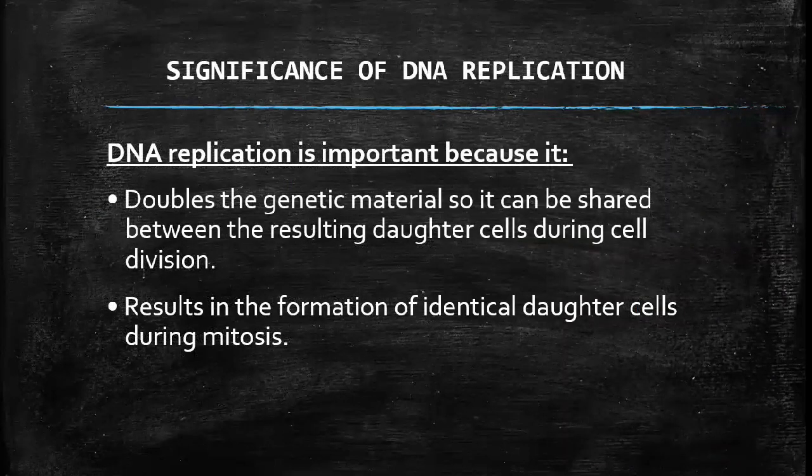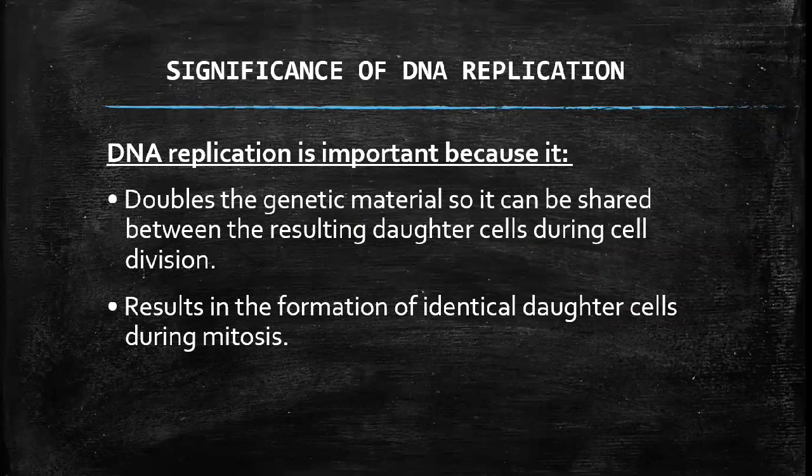Now, I want us to also discuss the significance of DNA replication. We have talked about this process, but now, why is it important? It does not just happen without any reason. It has to happen because of certain reasons. Okay.